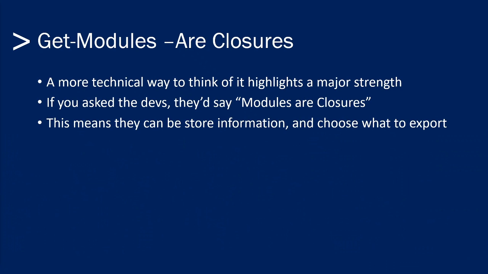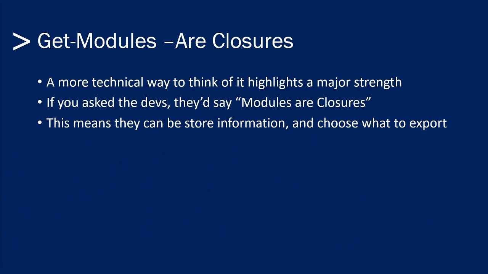Another way that you might be able to wrap your head around it is containers. It's easy enough to think of a module as a container, it's just not an isolated container. Does this make sense? Yep.